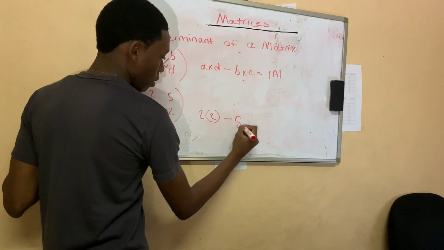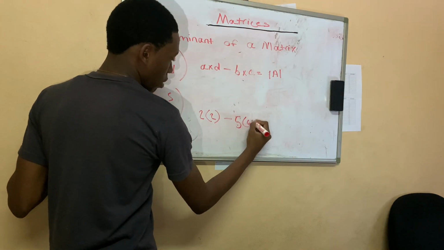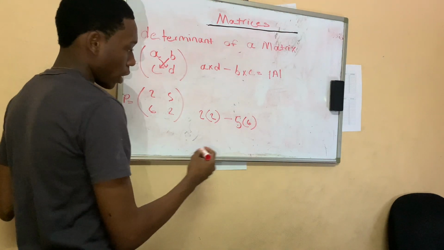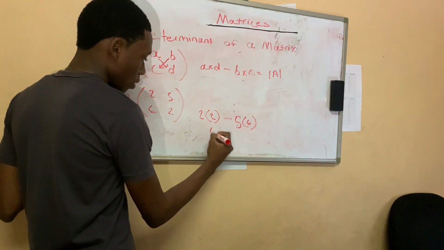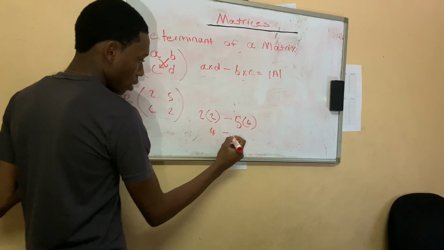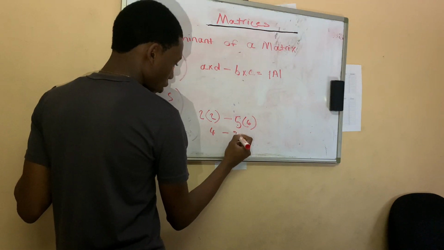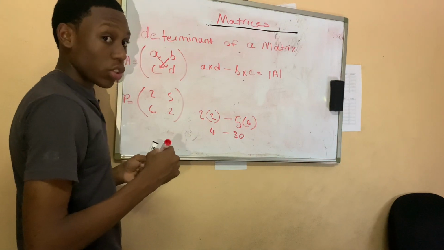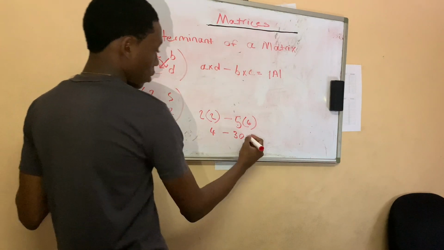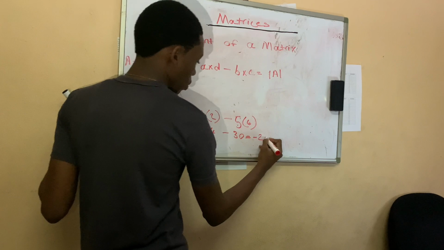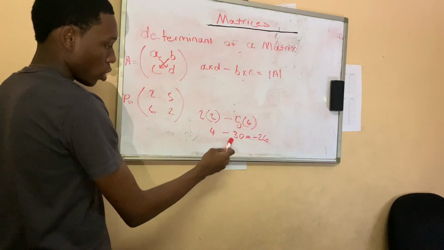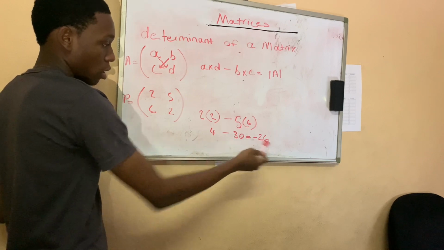So we simplify this down: 2 times 2 gives you 4, minus 5 times 6 gives you 30. And 4 minus 30 gives you negative 26, right? Because of the 30 you pay, you are still owing 26.